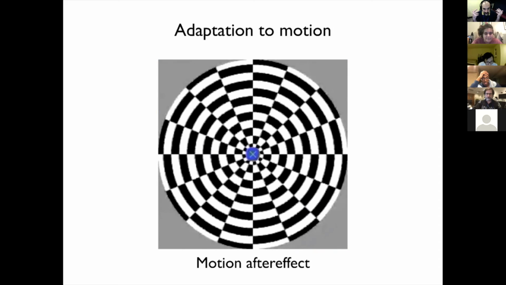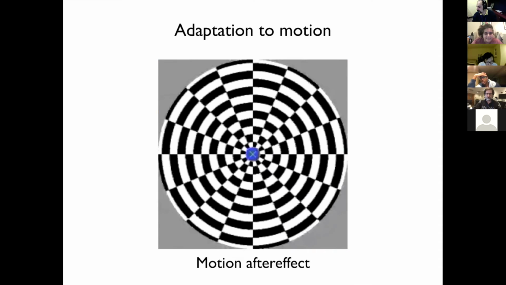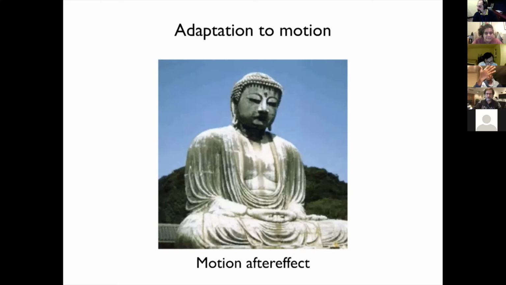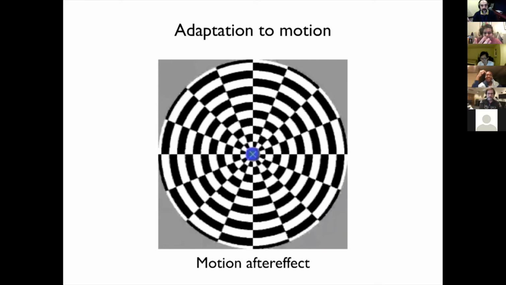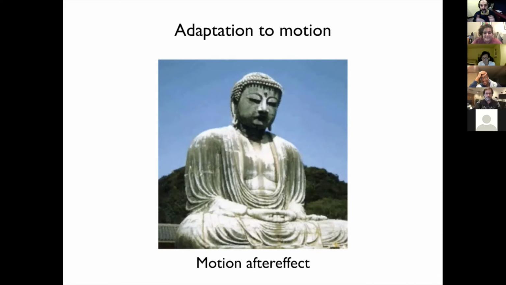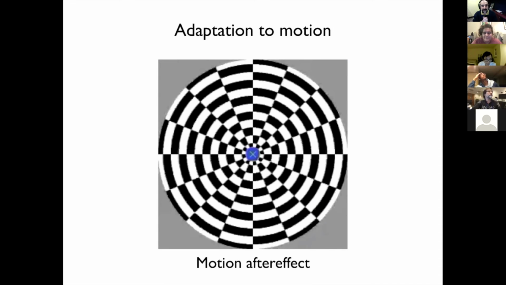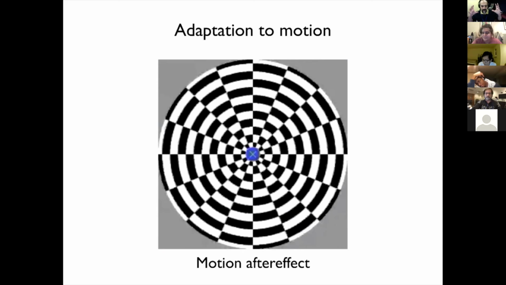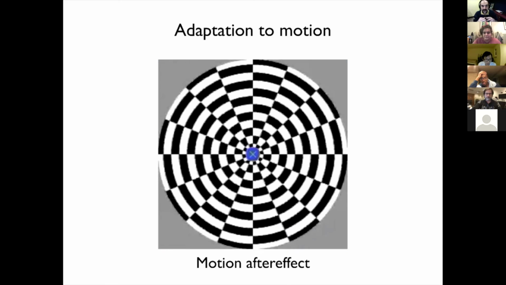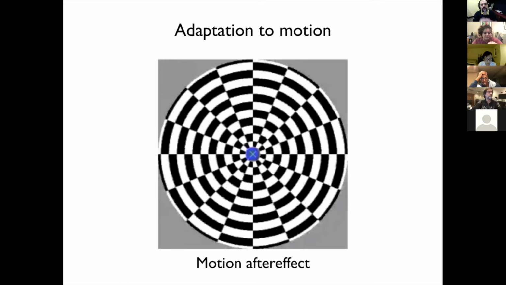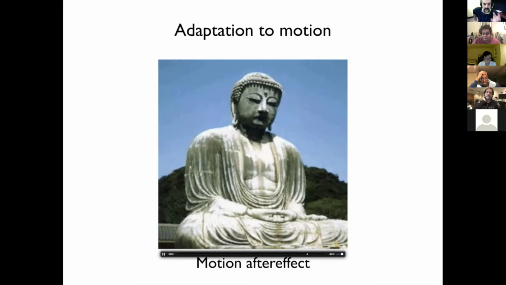Okay, now I want you to do something really fun and look at your palm, or the wall or whatever. What happens is that it's there for half a minute or so, and then it sort of disappears. So what is happening here?